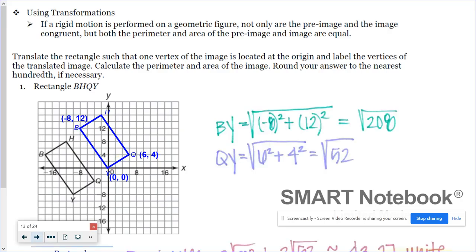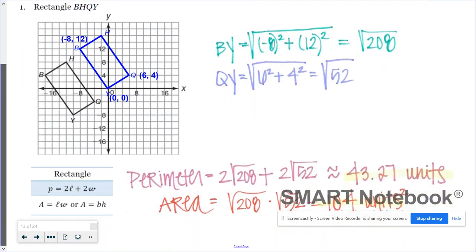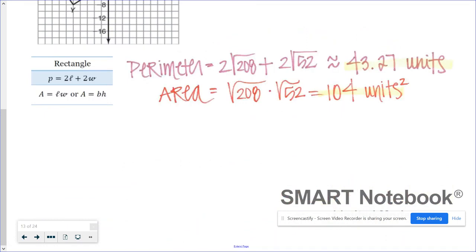I determined that BY has a length equal to the square root of 208, and that QY has a length equal to the square root of 52. So then I can just substitute these into my perimeter and area formulas to calculate the perimeter and the area of my rectangle. I'm using the actual square roots in my calculations, but you can always find decimal approximations first and then calculate the perimeter and area.